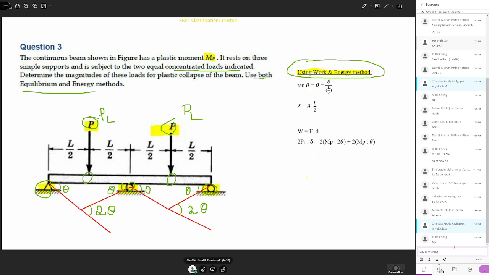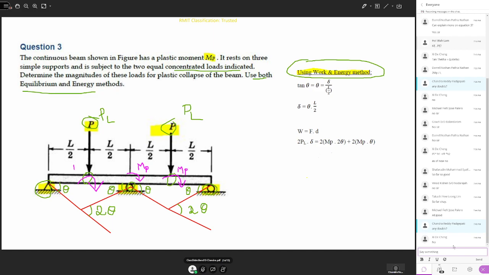So there is a plastic moment here. There will be a plastic moment here. And there will be a plastic moment here. Because the beam is getting deflected at all these points, there will be plastic hinges at all these points, where the moment is the plastic moment MP.